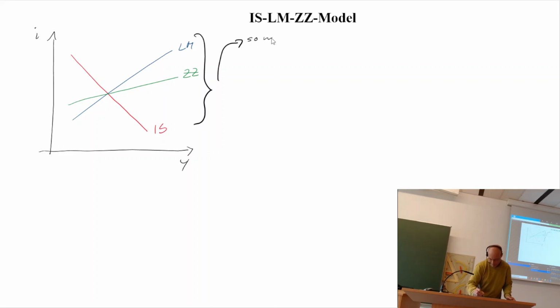So in equilibrium, we have three equations, and this is IS.